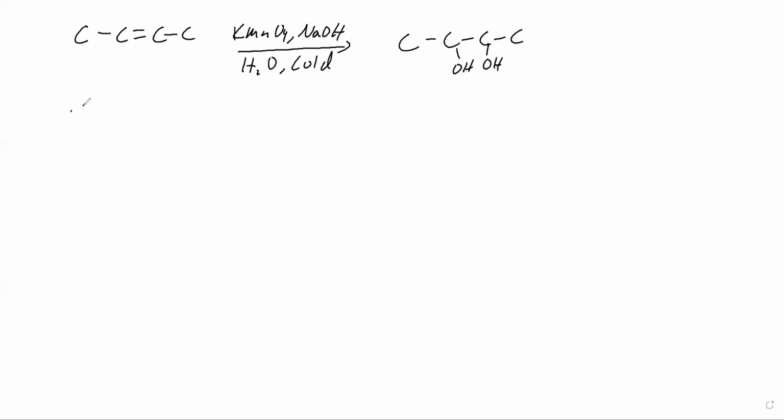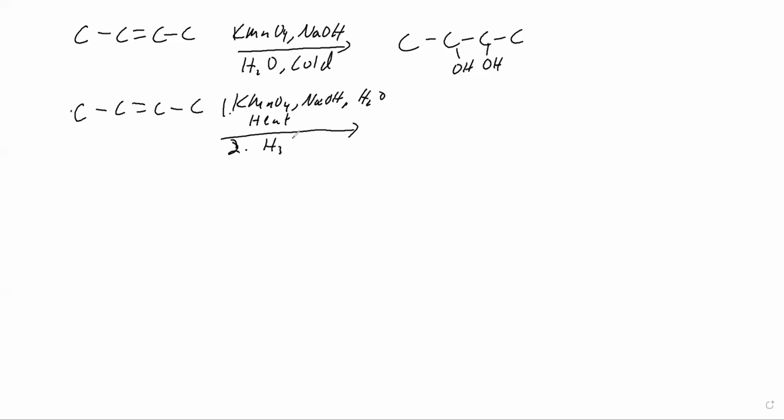Okay. Now let's cut it. So instead of a diol, let's say we want to cut the double bond. It's almost the same, except it's a little different. KMnO4, NaOH, H2O, heat. So this is step 1, kind of, and then step 2, H3O plus. All right.